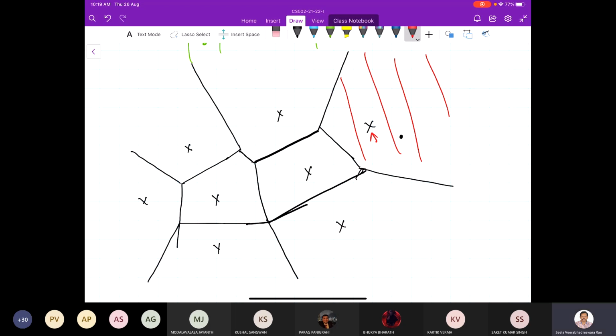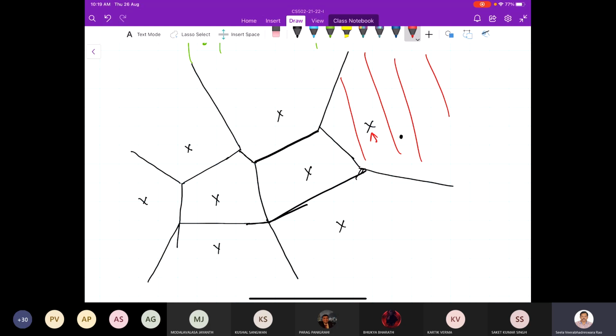Before computing this Voronoi diagram, how can we store it? What data structure is suitable to store this Voronoi diagram? In fact, a Voronoi diagram is a partition of the plane into regions.